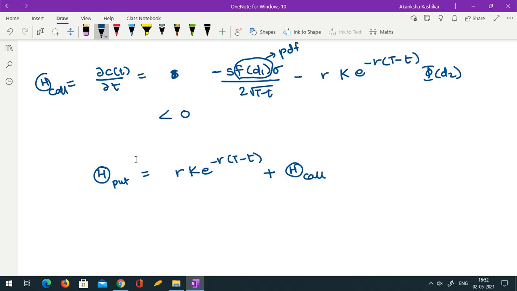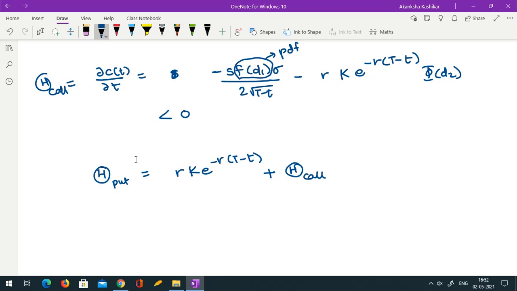As a result, sometimes theta of a put option can be positive also. So theta for a put option can be positive as well as negative. Sometimes a put option may gain more value as time progresses further, but a call option would always reduce in value as time progresses.